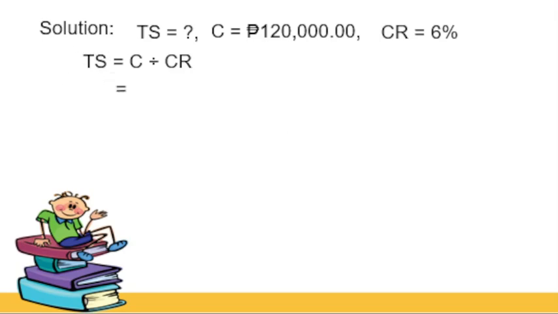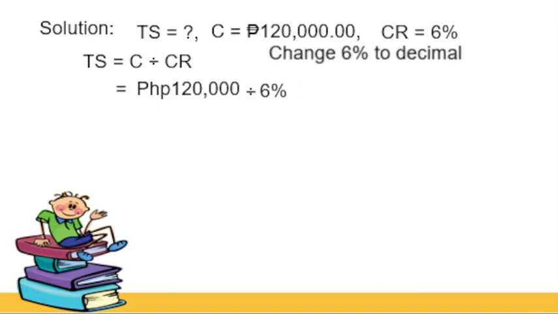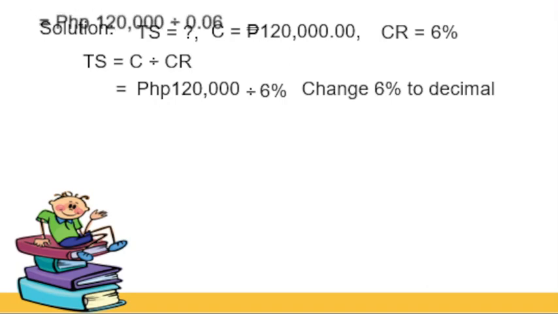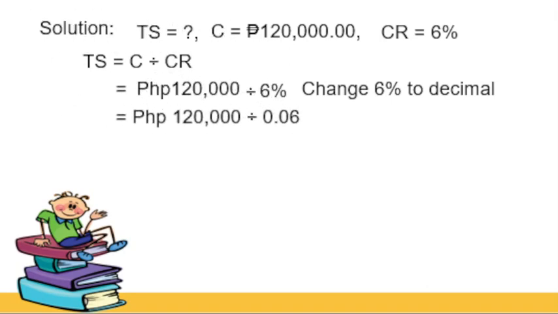So that is 120,000 divided by 6%. And how will you write 6% in decimal? That is equal to 0.06. So you have 120,000 divided by 0.06.